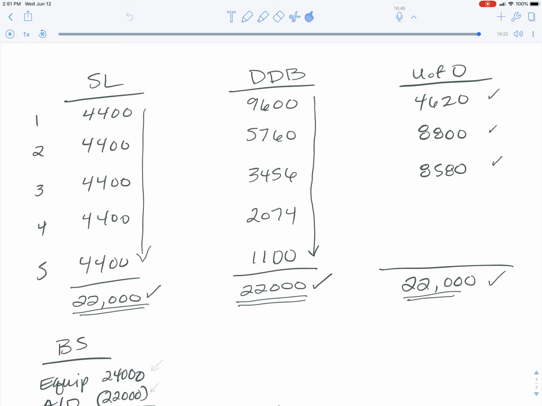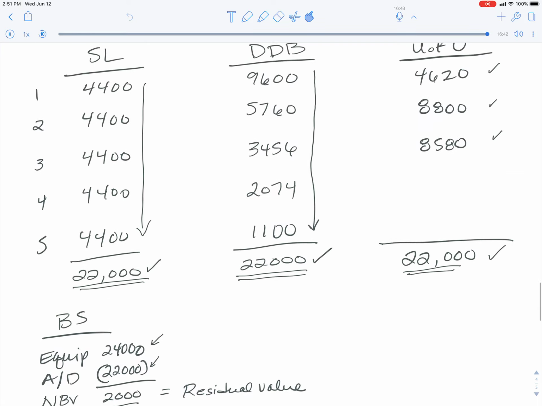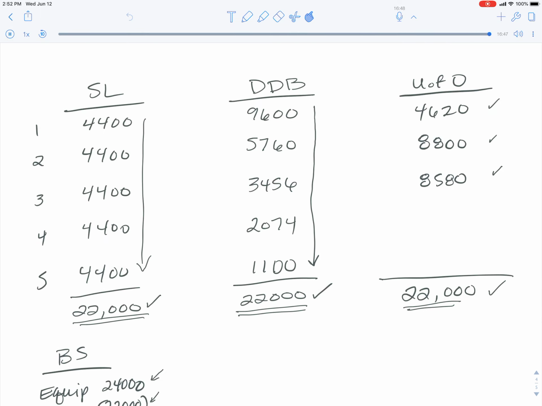So in the end, you will still have equipment of $24,000, and your accumulated depreciation will end up being $22,000. So your ending net book value after you have fully depreciated the asset will be $2,000, and that's what it'll look like over on your balance sheet. So those are the 3 methods of recording or calculating depreciation, and let me know if you have any questions.